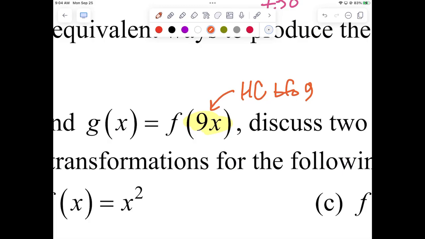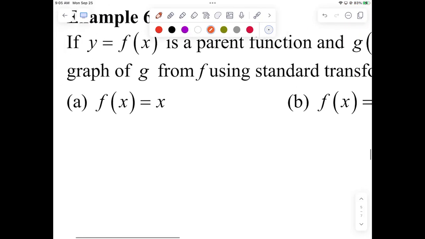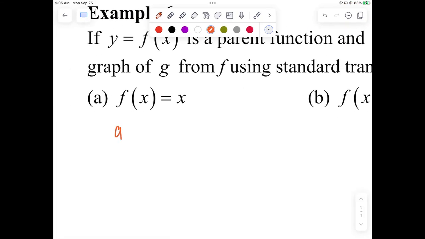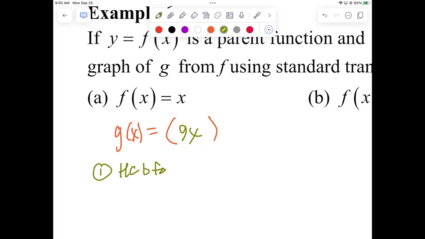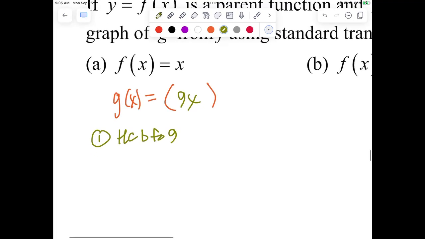But there might be another way to get the same graph depending on what our parent function is. So if I do this one right here, f of x equals x, g of x is going to equal, I'll replace x with the parentheses, and I'll drop a 9x in there. The first one is always going to be a horizontal compression by a factor of 9. That one's going to be the first one every time.